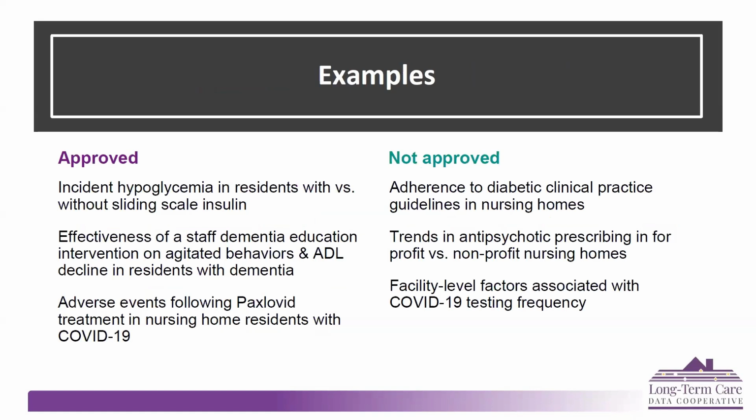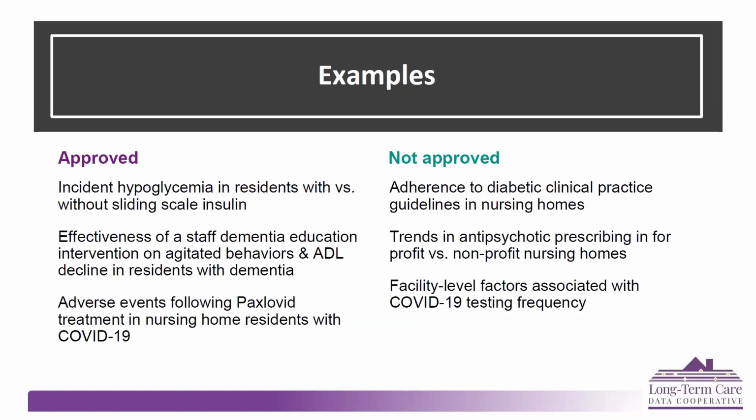So just to give a few examples of types of studies that would or would not be approved under those data uses. One would be looking at incident hypoglycemia in residents with or without sliding scale insulin. Here the exposure would be sliding scale insulin, and that would be a perfectly acceptable use.